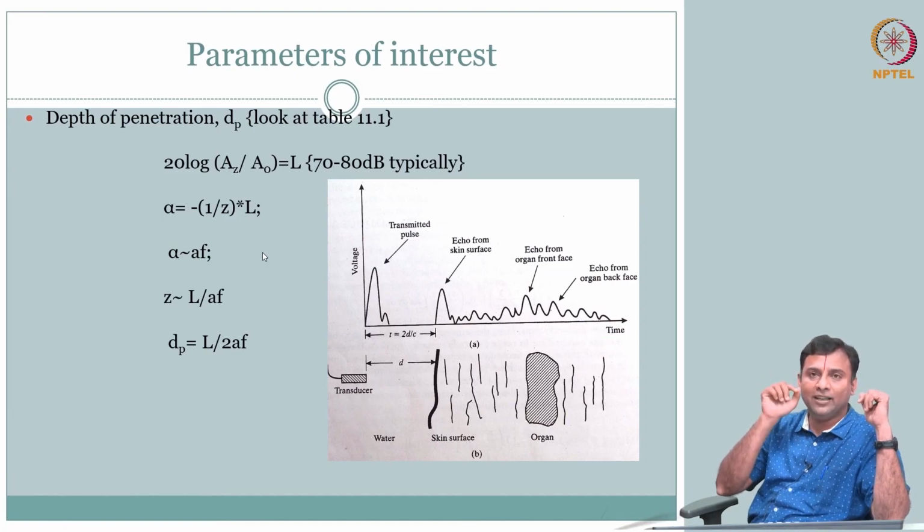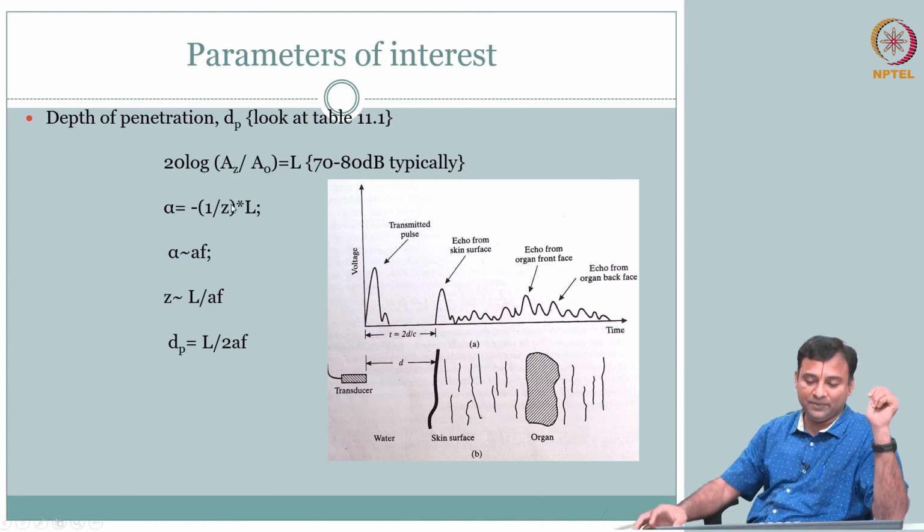Whereas if I use 2 megahertz, if I have the same loss, pretend the material property is same, then if I can go 1 centimeter with my 40 megahertz probe, I can perhaps go 8 times more, 8 centimeters for the same loss with a 5 megahertz probe, right. So that is the difference.